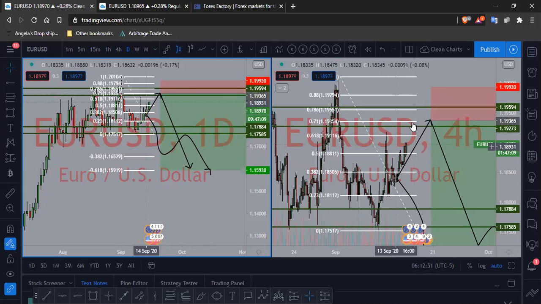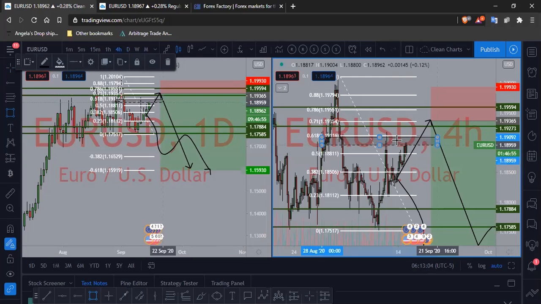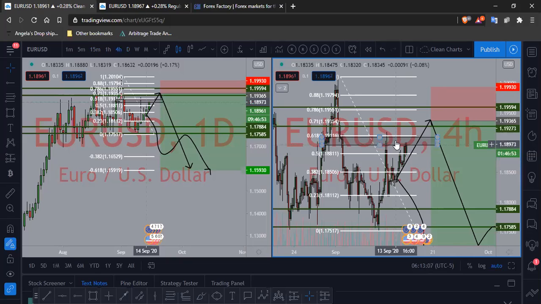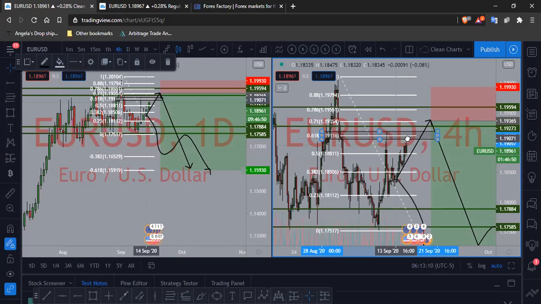Same case as before, where price can literally come up and grab all this liquidity right here before it ends up dropping.